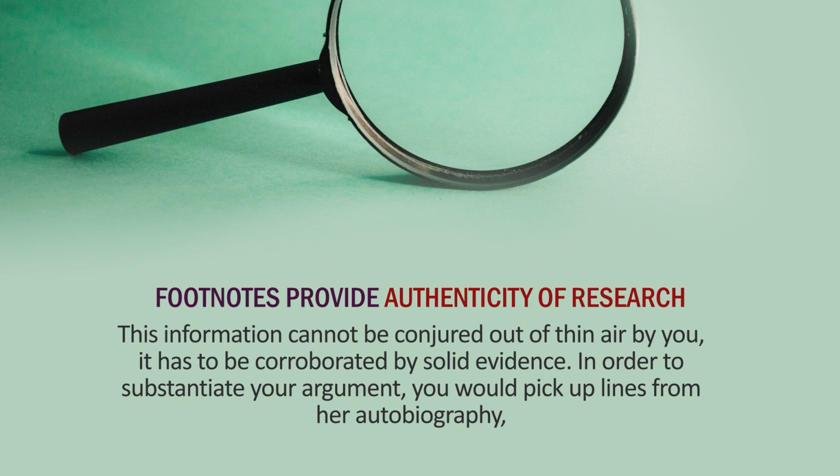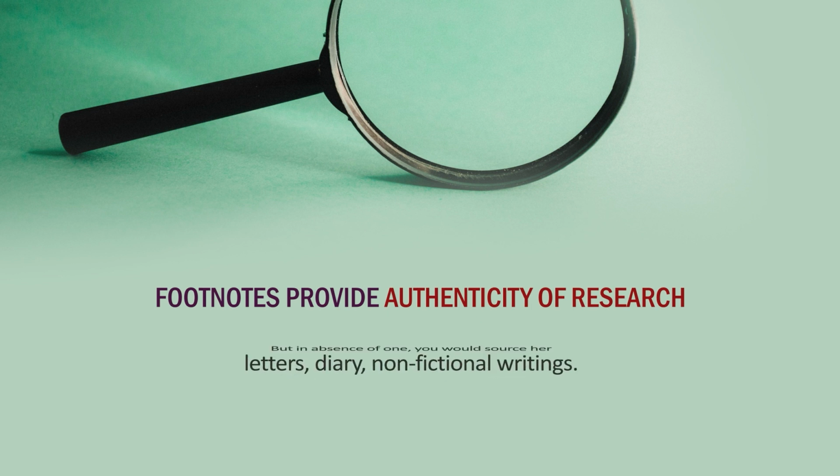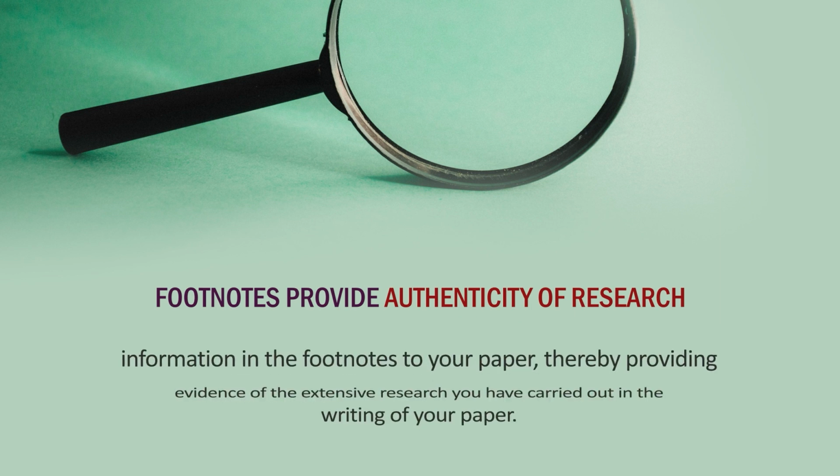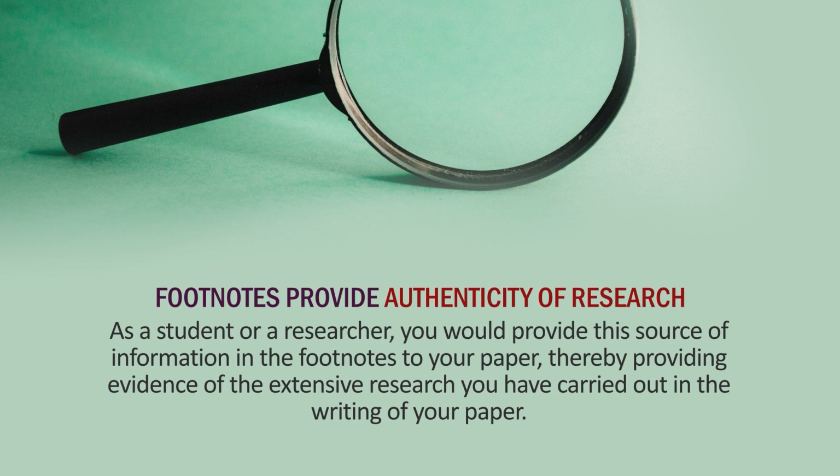In order to substantiate your argument, you would pick up lines from her autobiography, but in absence of one, you would source her letters, her diary, her non-fictional writings. As a student or a researcher, you would provide the source of information in the footnotes to your paper, thereby providing evidence of extensive research you have carried out in the writing of your paper.